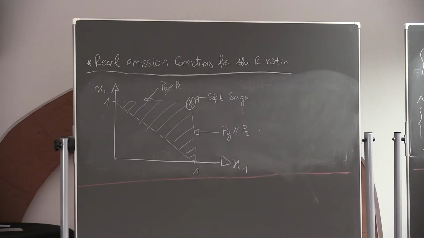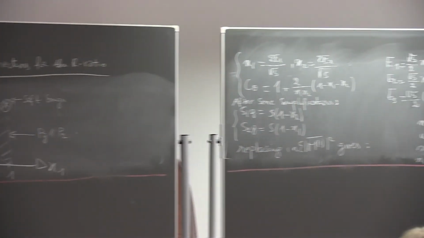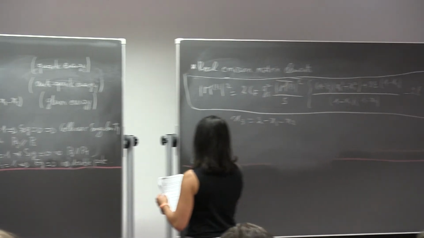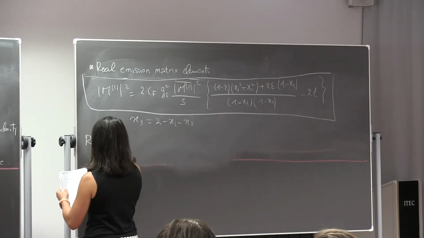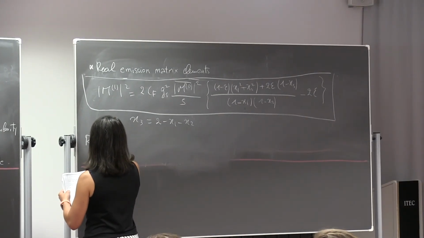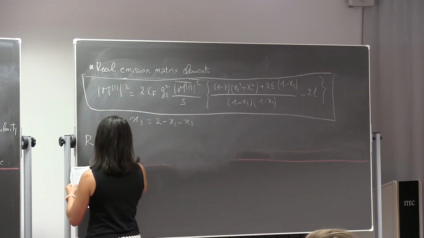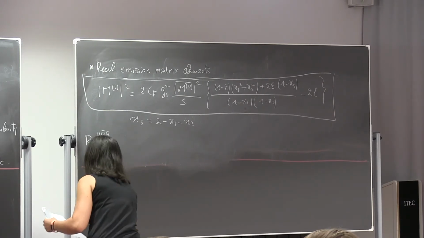All right, so far I gave you the phase space and I gave you the amplitude squared at NLO. So now let's combine them together to see what the R ratio from the real emission gives us. So this is R1, q q-bar g. Let me write it combining phase space.